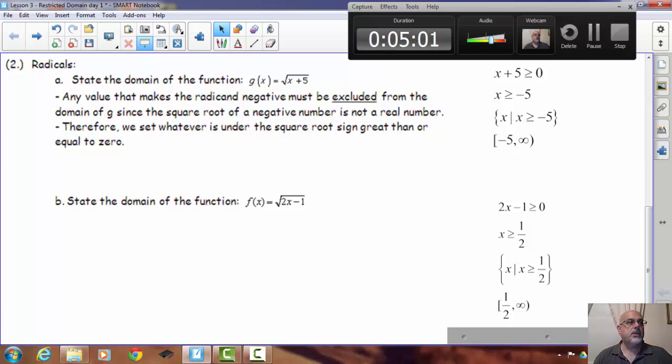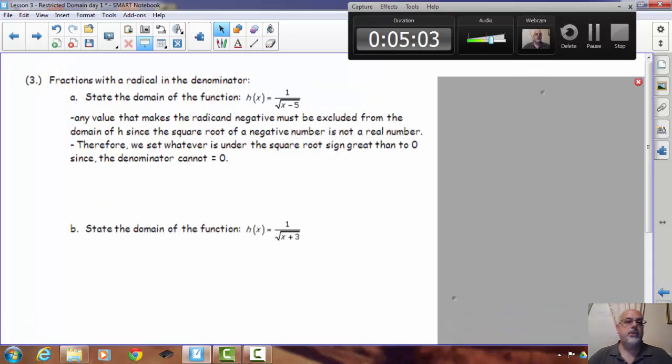Now let's look at the third instance. The third instance is radicals in the denominator. This is a combination of the first two instances. We can't have a negative value under the radical sign. And because it's a denominator, you can't have a 0 either.